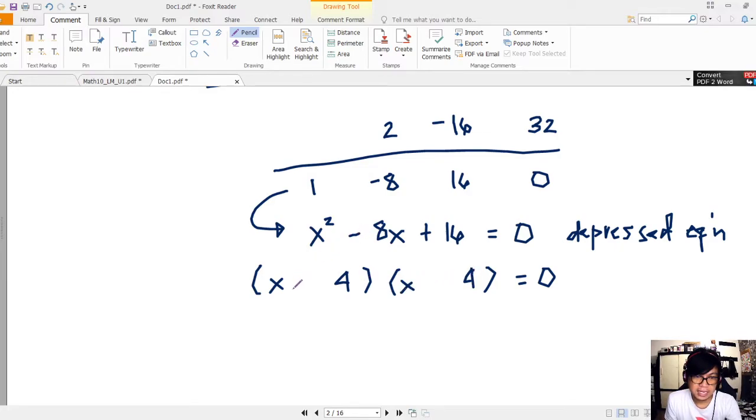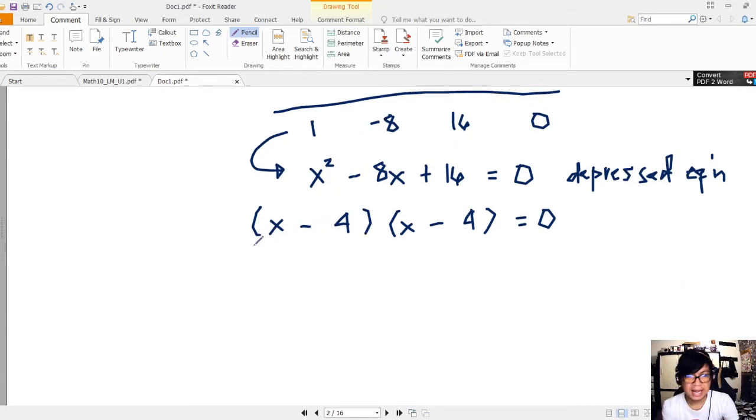Then the sign is negative. X times x is x squared. X times negative 4, negative 4x. Negative 4 times x, negative 4x, so negative 8x. Negative 4 times negative 4 is 16. So this is the factored form.